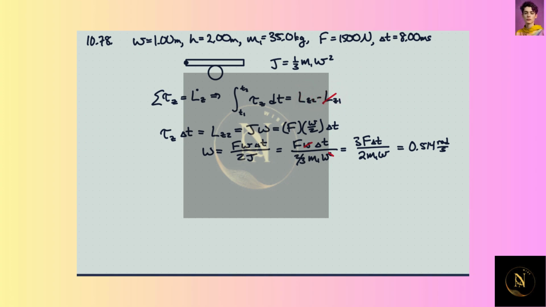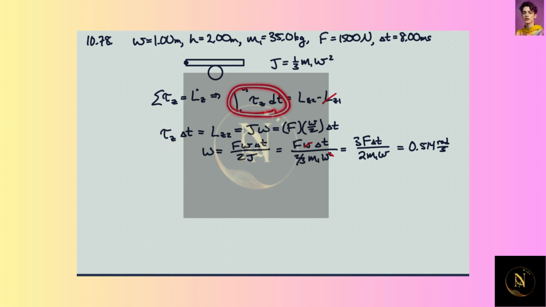Now, if these two times are very close to one another, so this is very short, we can say that tau z might be pretty constant in a short period of time. It's roughly constant. So this kind of mean value theorem would give us some average tau z times delta t.